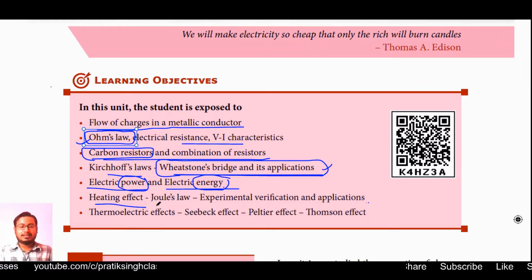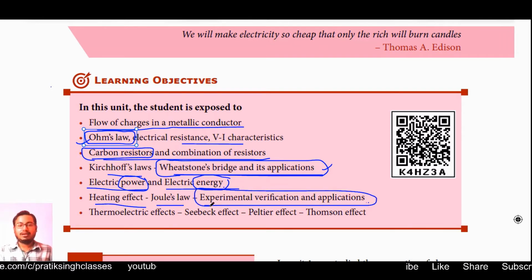Then we will study Joule's law and its experimental verification and applications. About Joule's law you have already studied in a previous class, but here we will find its verification with the help of an experiment and study its uses in day-to-day life. We will also study how, whenever current passes through any conductor, the temperature of the conductor increases.